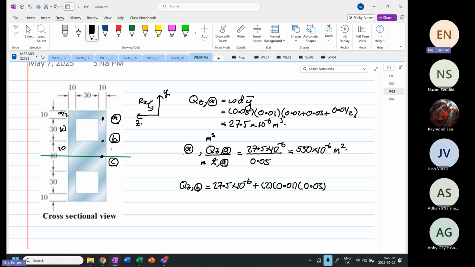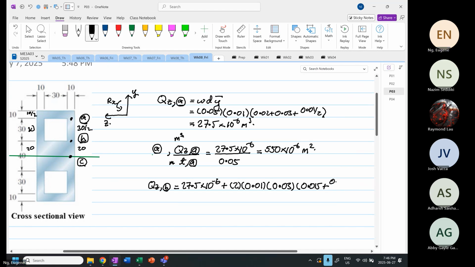And then the Y bar is 20 plus 15, 30 divided by 2. Okay. So you have 0.02 plus 0.03 divided by 2.